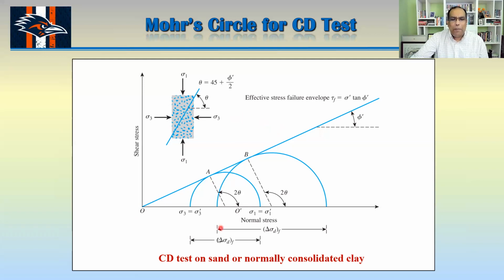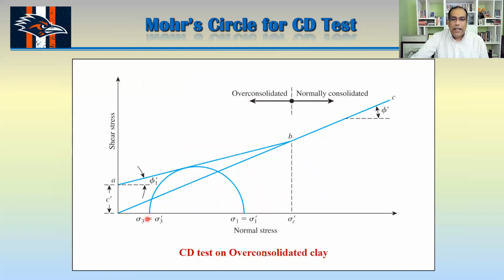Okay. Now, what happens if I do the same test on dense sand or over consolidated clay? Actually, over consolidated clay, not dense sand. So for over consolidated clay, you can see that this is your pre-consolidation pressure. Okay, pre-consolidation pressure. So you can see from there, up to the pre-consolidation pressure, this one has a C prime here.